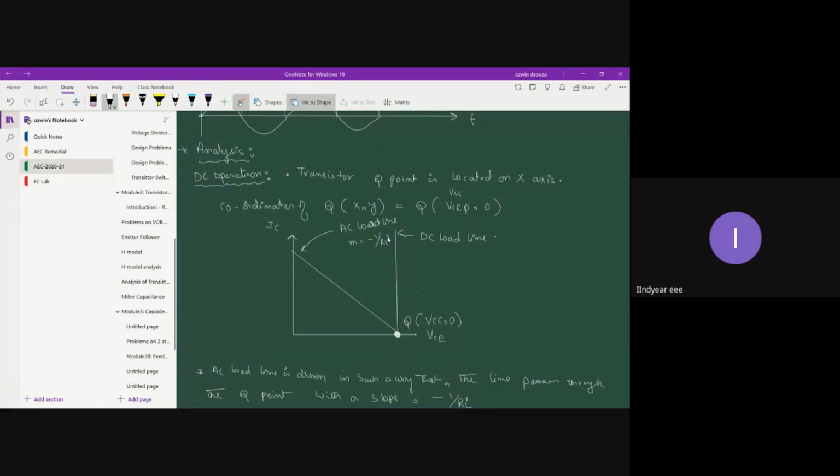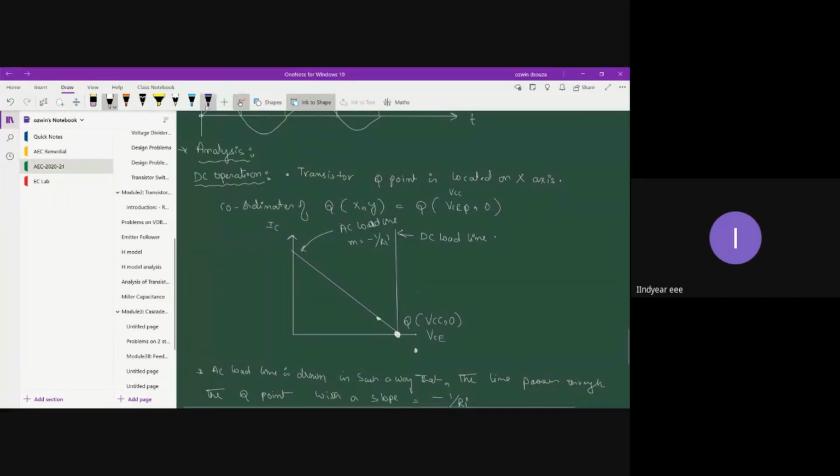All right, done. Now, once this is done, you can select equidistant points. This is the Q point. One point you take above the Q point, and the second point you take at an equal distance below the Q point.